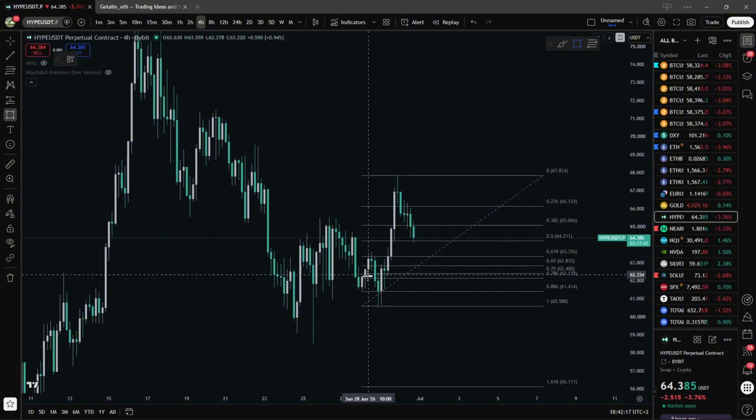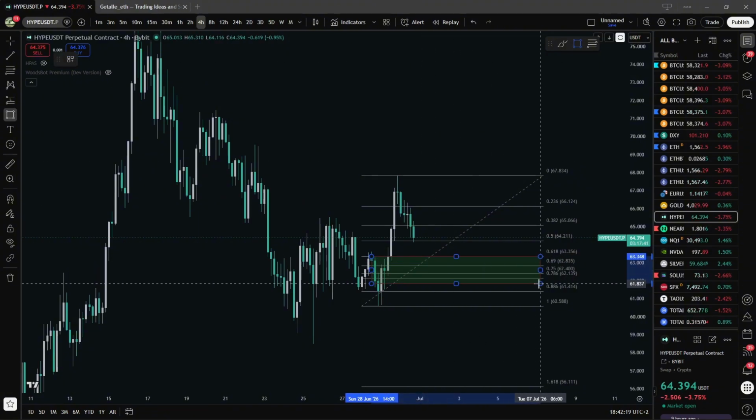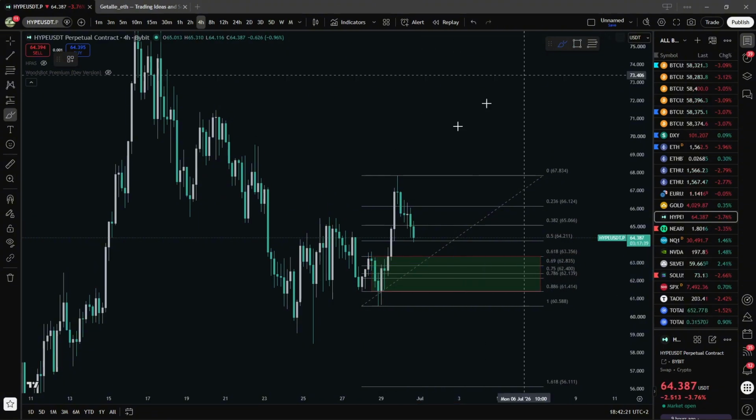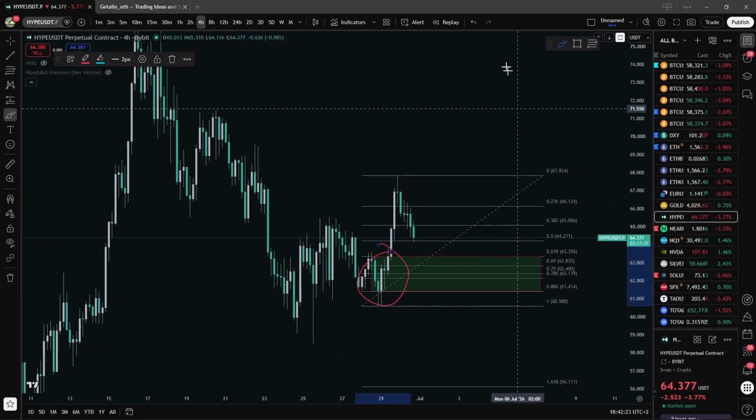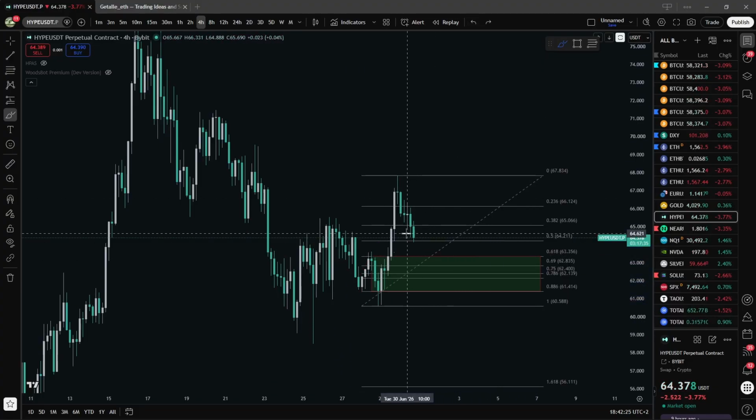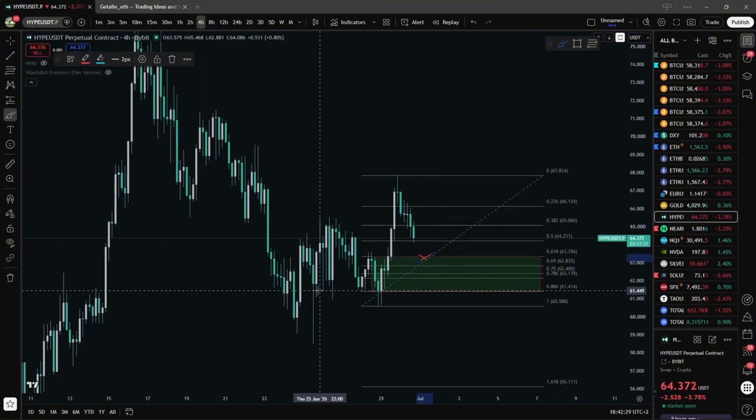Yeah, so we have this demand zone right there. It aligns perfectly with the Fibonacci number right there. And the RSI is back above the 50 mark.